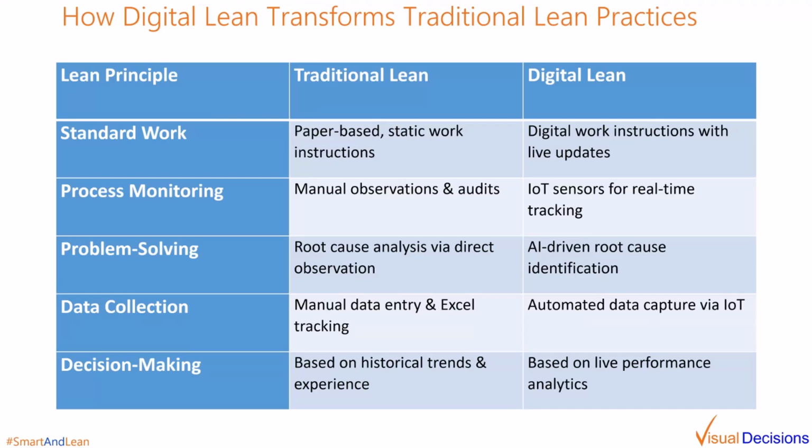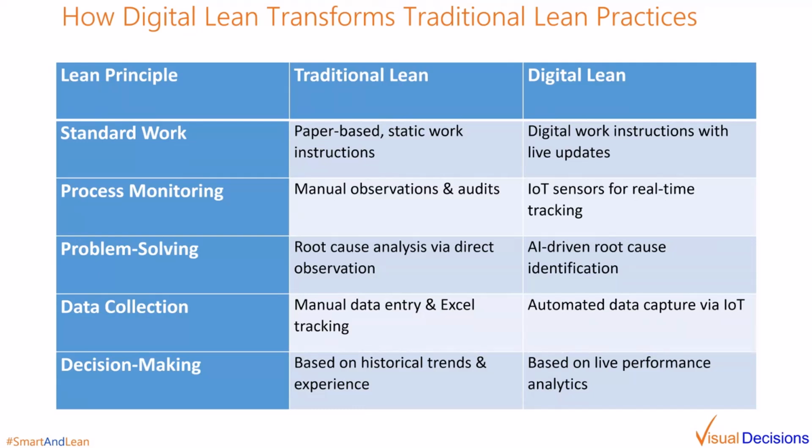Root cause analysis is done via direct observation and asking why and so forth. And within digital lean, we have much more data and we have AI to help augment the process, and we can provide structure to the analysis within systems.